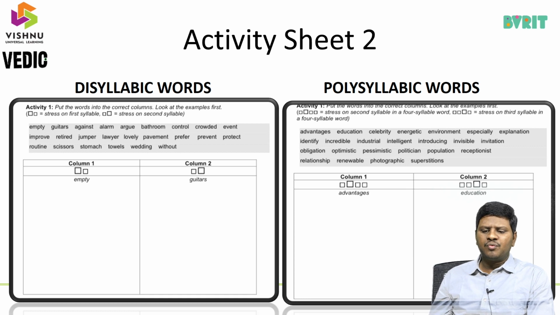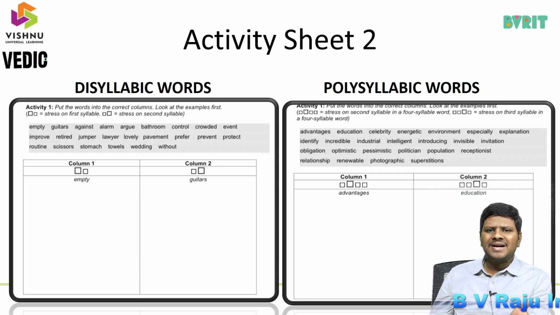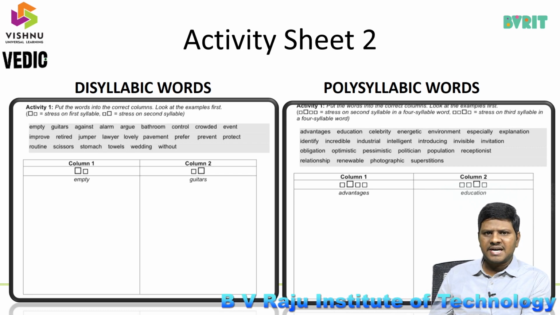Next, disyllabic words and polysyllabic words, activity 2, and here put the words into correct columns. Okay, and here we give the highlighted syllable in a big box, whether that word carries stress on the first syllable or the second syllable.